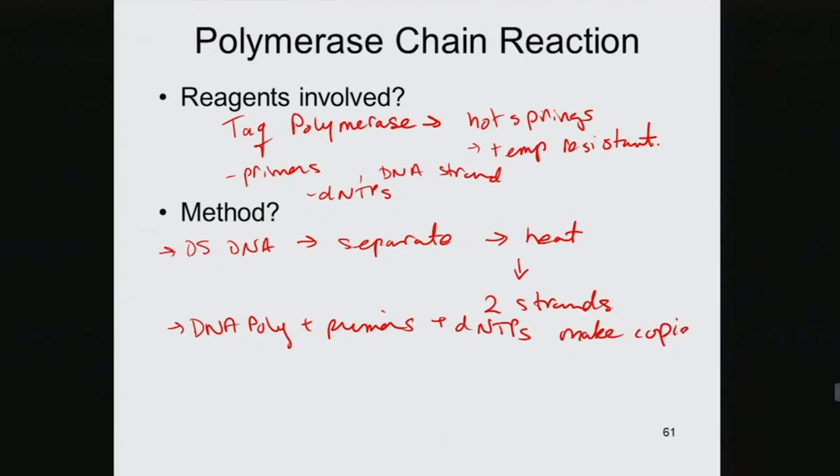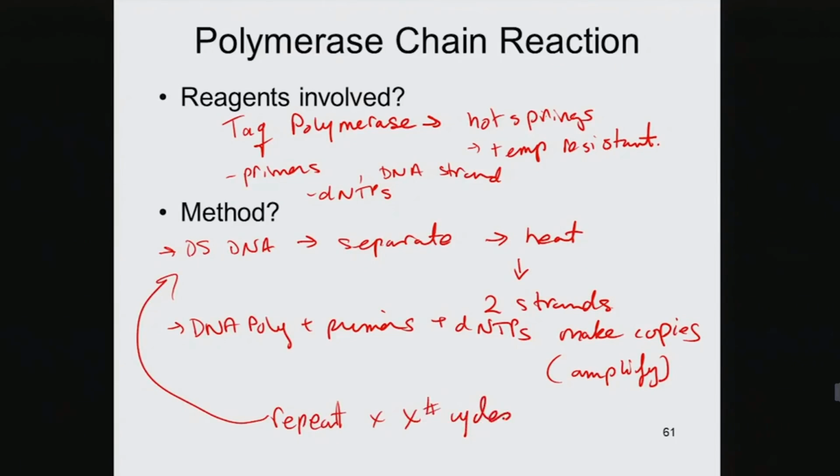So basically amplify. And then we repeat times X number of cycles. And usually this amplification is exponential.